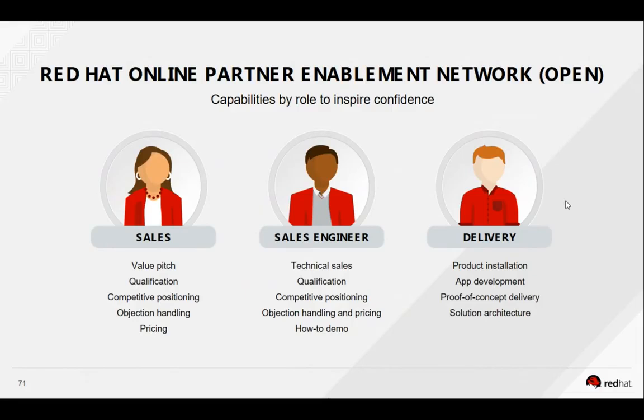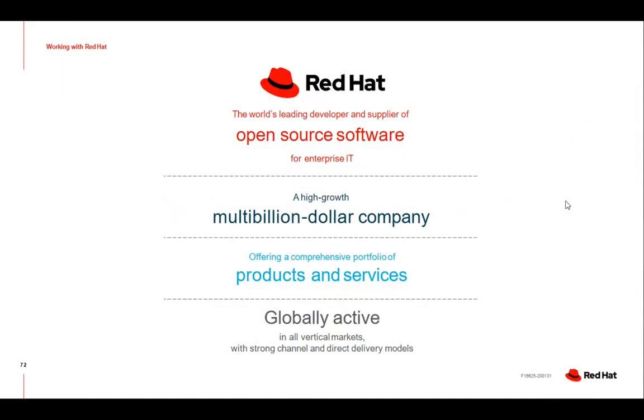The courses pertaining to all of these roles are available on the online partner enablement network, which is Red Hat's partner portal. Each and every individual can pick up the courses suitable for themselves and train themselves. We have also a list of accreditations which we send to every partner to equip themselves with the training.